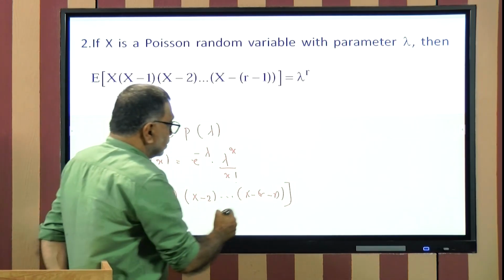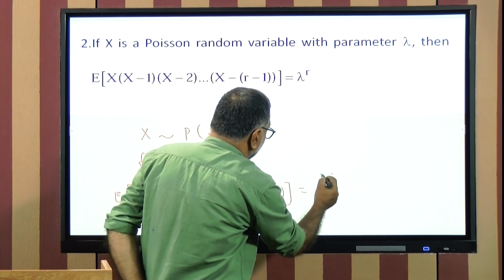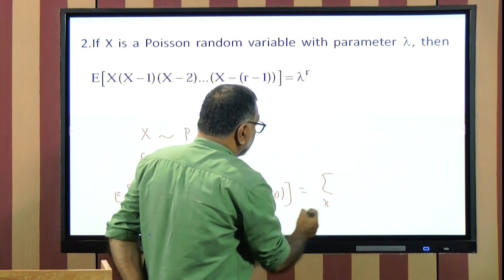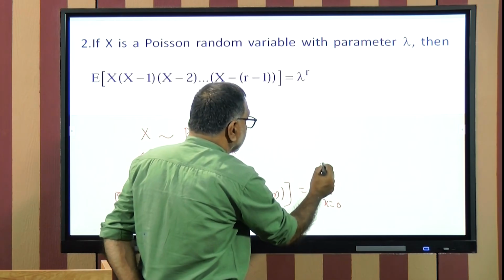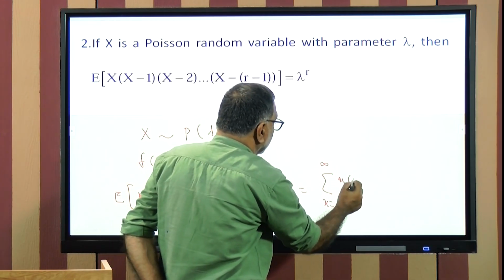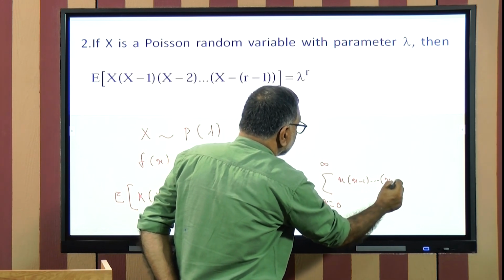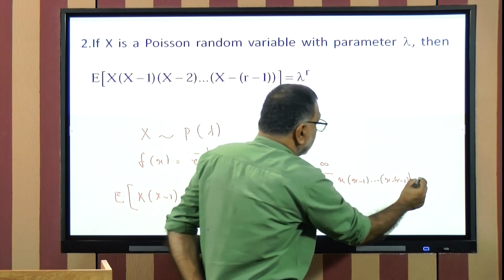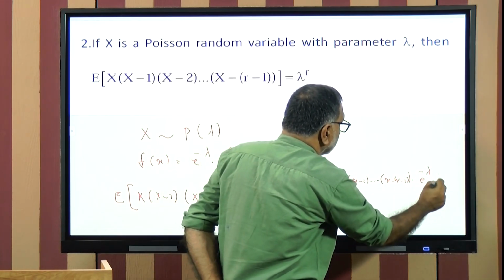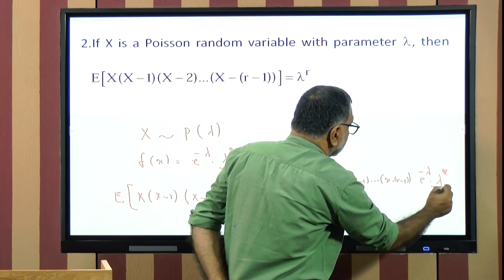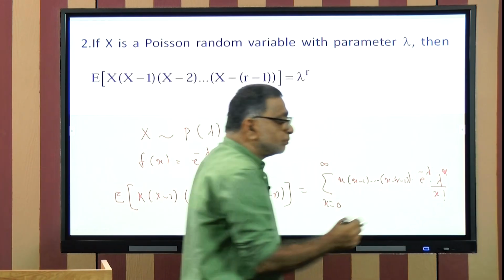And that is sigma over x = 0 to infinity x(x-1)...(x-r+1) into e^(-λ) λ^x divided by x factorial.